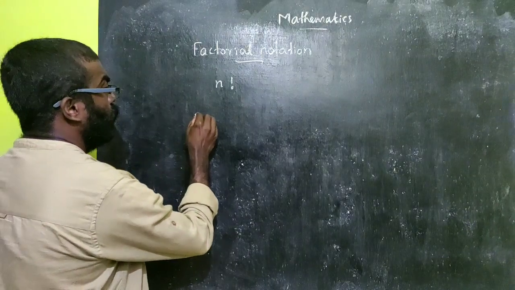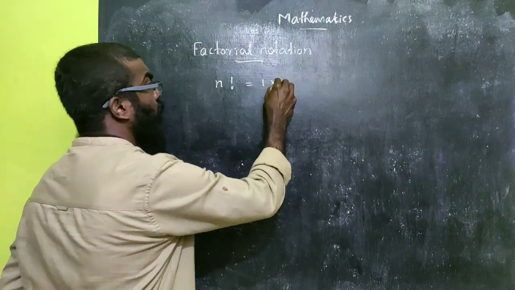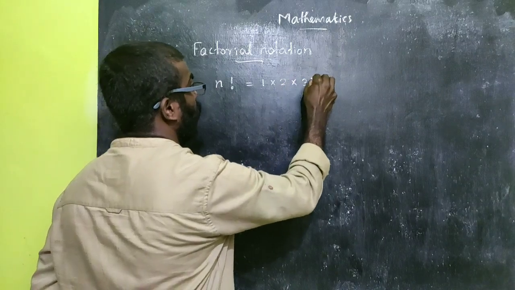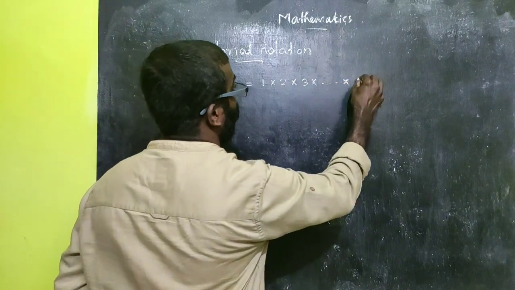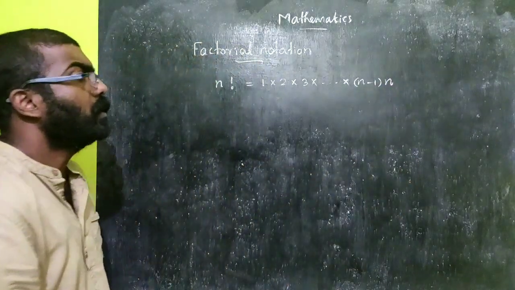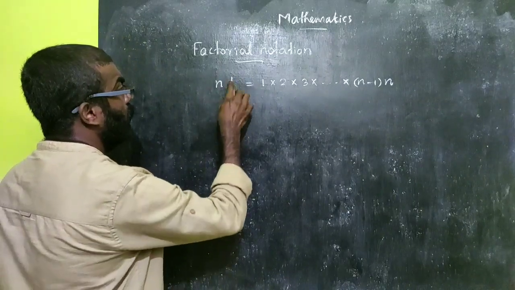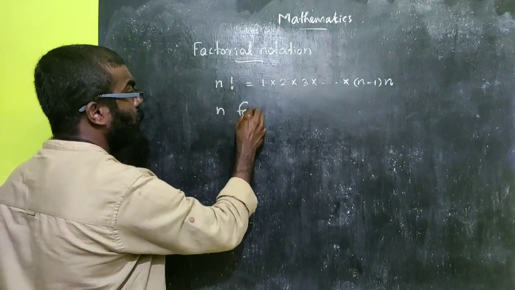That is, n factorial is equal to 1 into 2 into 3 into etc. into n minus 1 into n. This is known as n factorial. So this notation we read as n factorial.